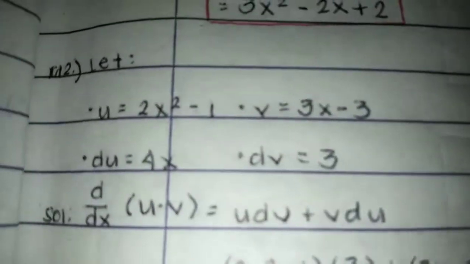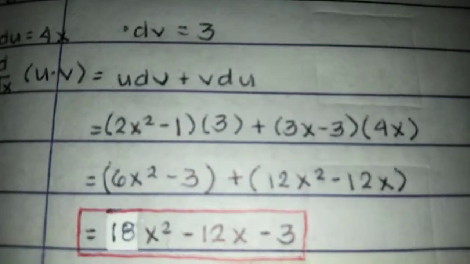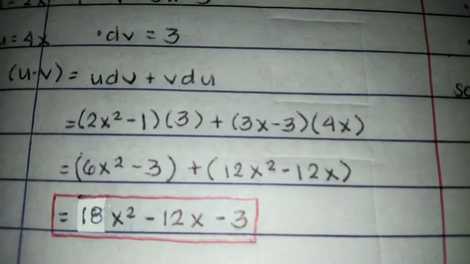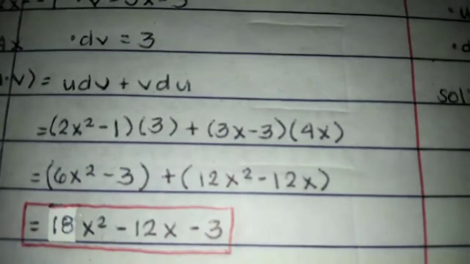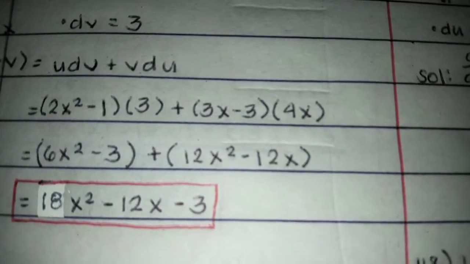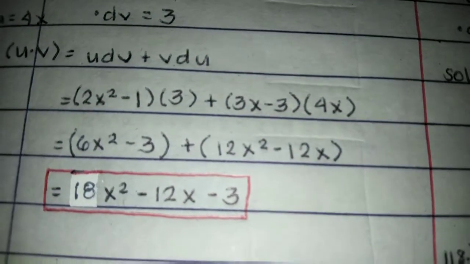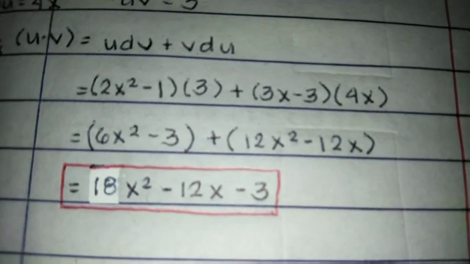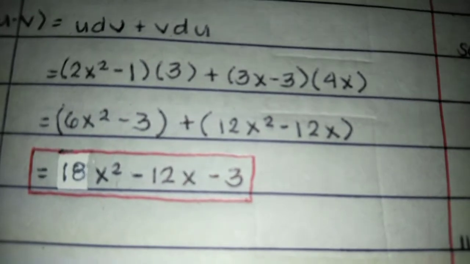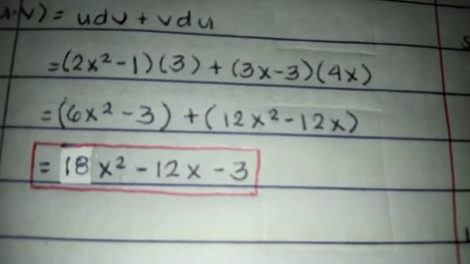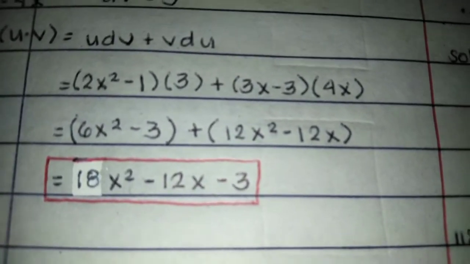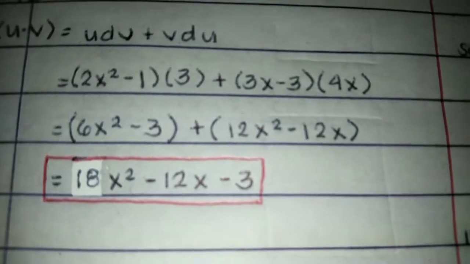So u is 2x squared minus 1 times the derivative of v, which is 3, plus v, which is 3x minus 3, times the derivative of u, which is 4x. Multiplying, the result is 6x squared minus 3 plus 12x squared minus 12x, and combining these, our final answer would be 18x squared minus 12x minus 3.